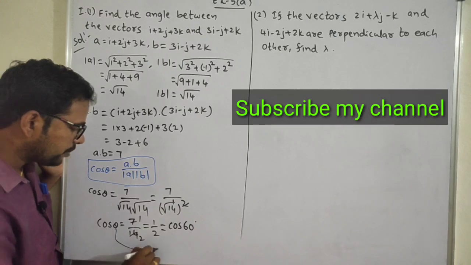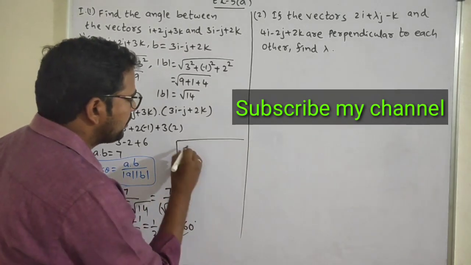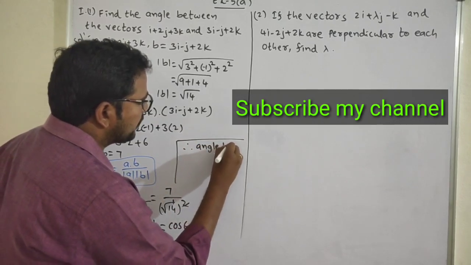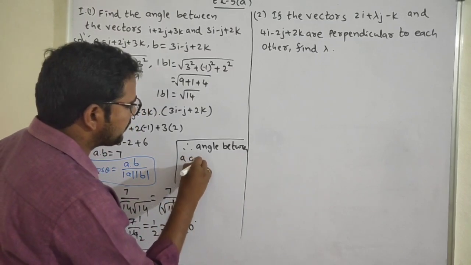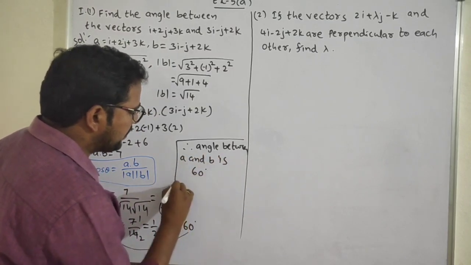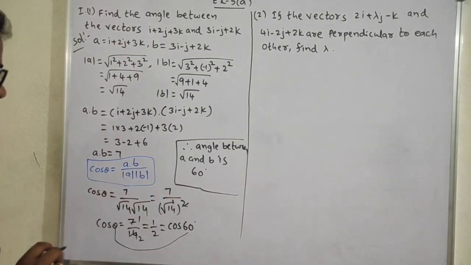Therefore the angle between two vectors a and b is 60 degrees.